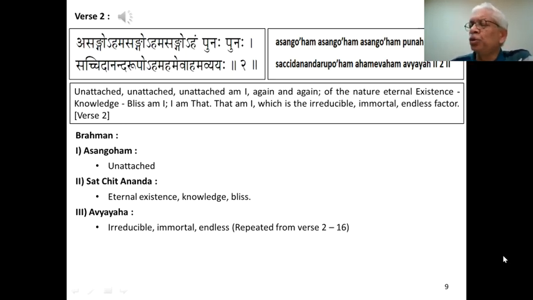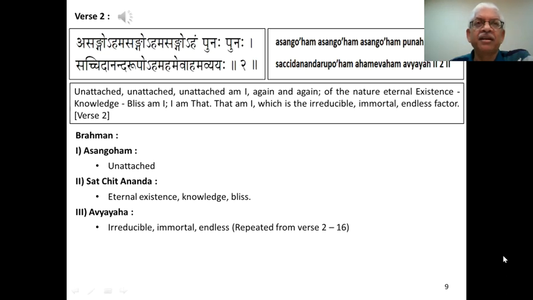This verse number 2 is one of the most important verses to understand who I am. It says, Asangoham, Asangoham. I, the Atma, am ever unattached from the three bodies.